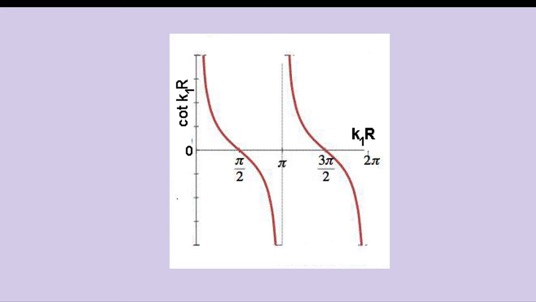sine is negative, cos positive. So again you are getting a negative value. So this repeats. So we have just mentioned that the cot K1R you can write as root of minus B by V0.